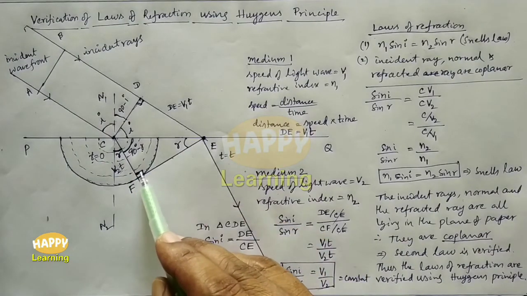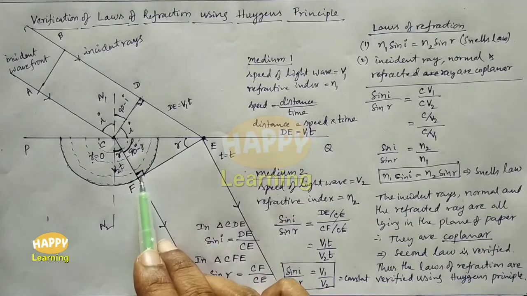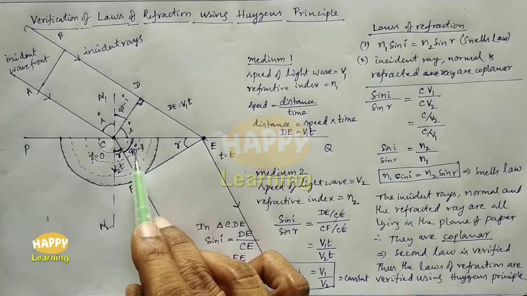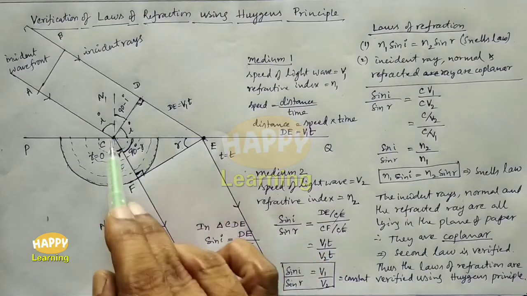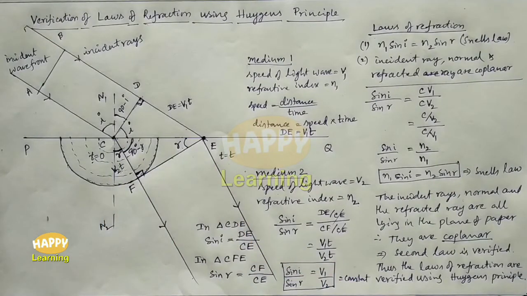Light waves and wavefront are always perpendicular. So this is a perpendicular angle, that is 90 degrees. This is 90 minus R. This should be R, to satisfy the condition that the sum of the angles in a triangle should be 180. Therefore, this angle is R.